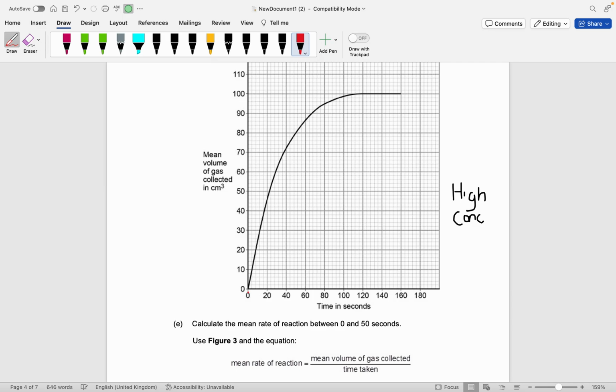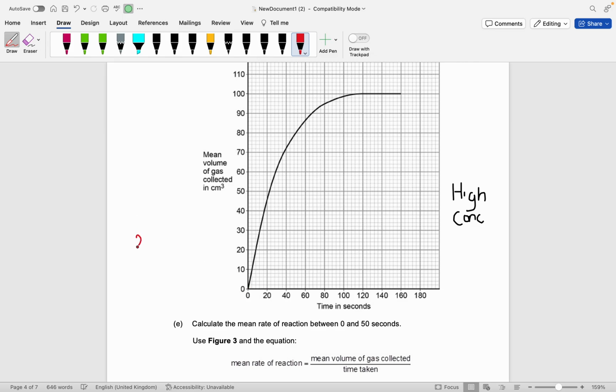I can see that as I go along on the x-axis, each bigger square is worth 20 seconds. So I've got 5 little squares between 0 and 20.